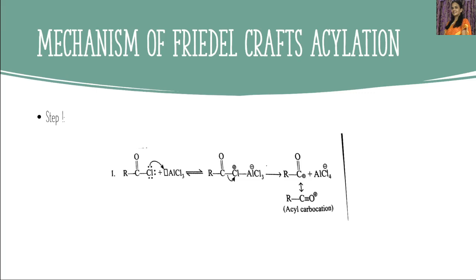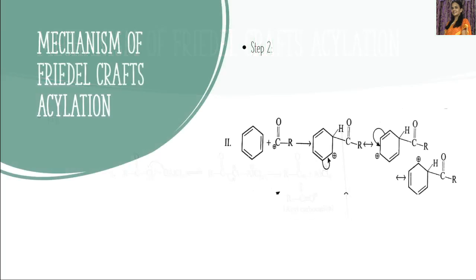Acyl carbocation is generated in this reaction. Step 1. Now in the second step, what happens? This acyl carbocation, which is an electrophile, forms a bond with one of the carbon atoms of benzene with the help of one of the pi bonds.